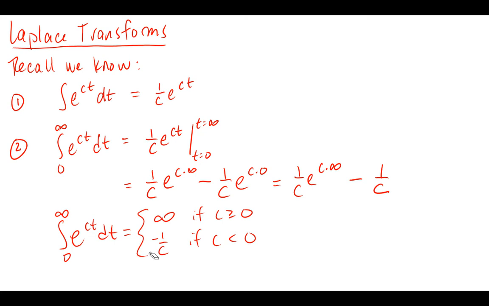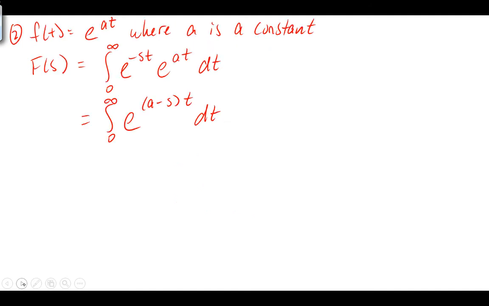I'm going to be lazy here and say that because of our intro problem, this turns into 1 over negative the exponent, where the exponent has to be negative.